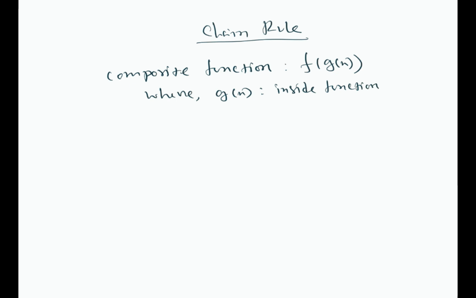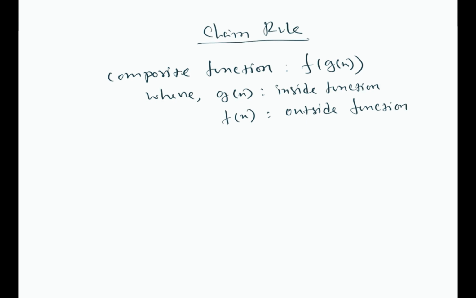Throughout this course I'll be taking g of x as inside function and f of x as outside function. So f of x is the original function or the outside function. And let me show you one example of composite function.